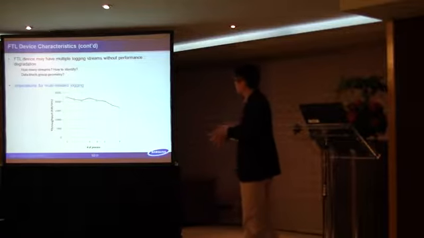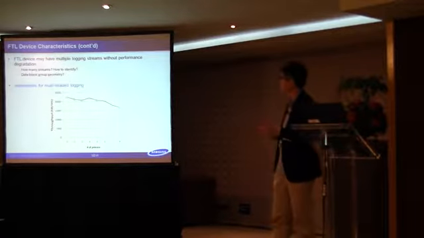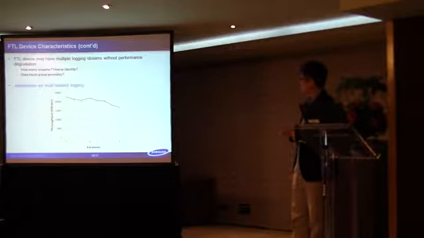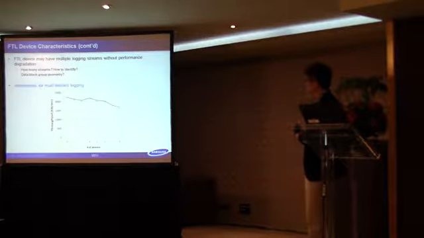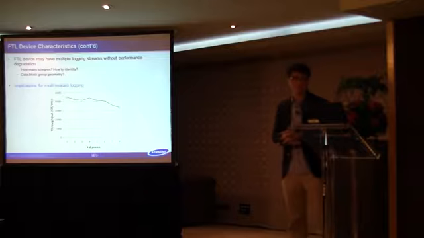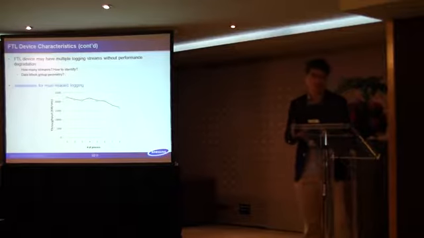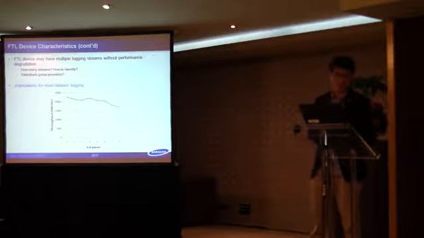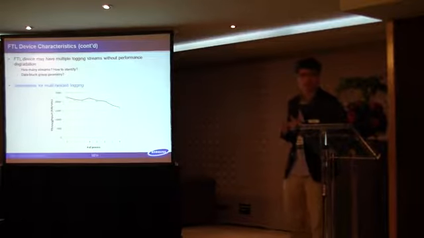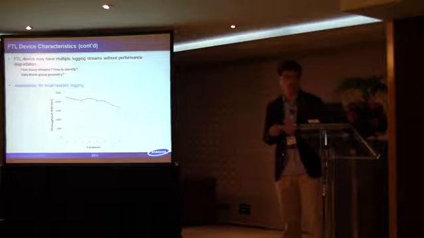But we have to know how many sequential streams can be offered by the underlying device, and we have to also identify the data block group geometry. So that's the second question, and this has implications for the multi-head logging design in our case.